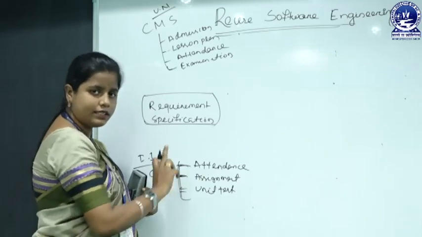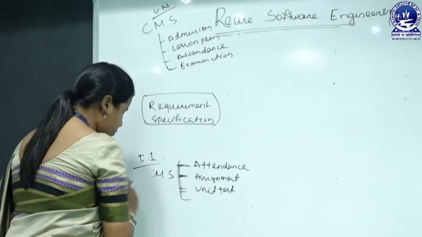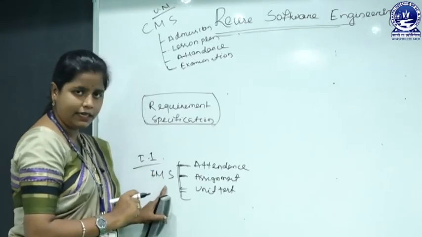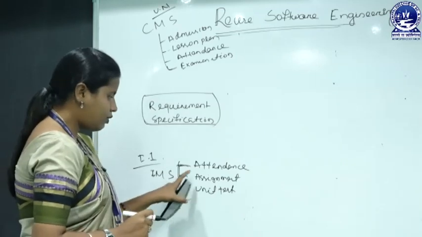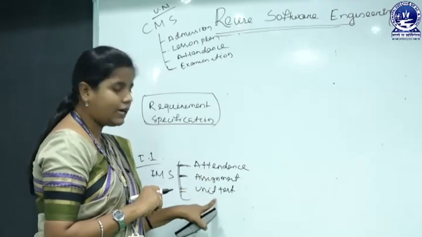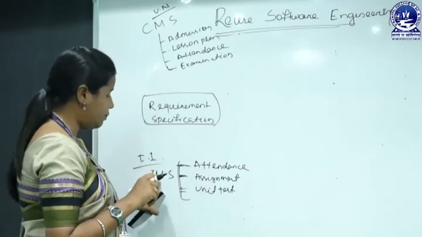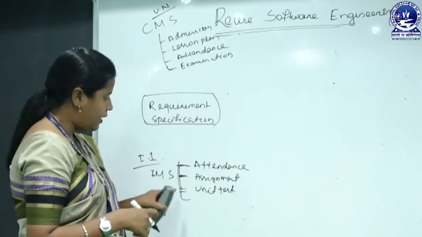They want a CMS, that is College Management Software. Okay, let me change this. Suppose Institution Management Software, IMS, and what are the requirements? Actually, the requirements are some attendance, assignment and unit test in case of IMS. So, these are the requirements that are new to us.